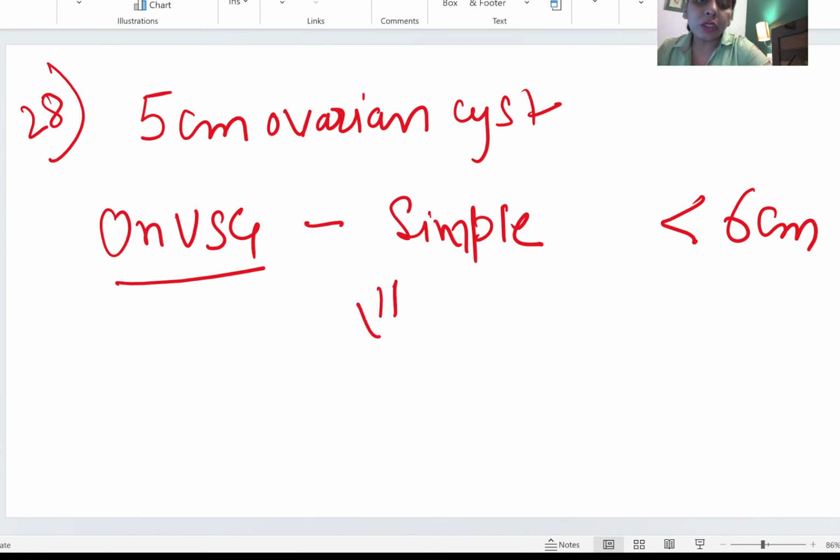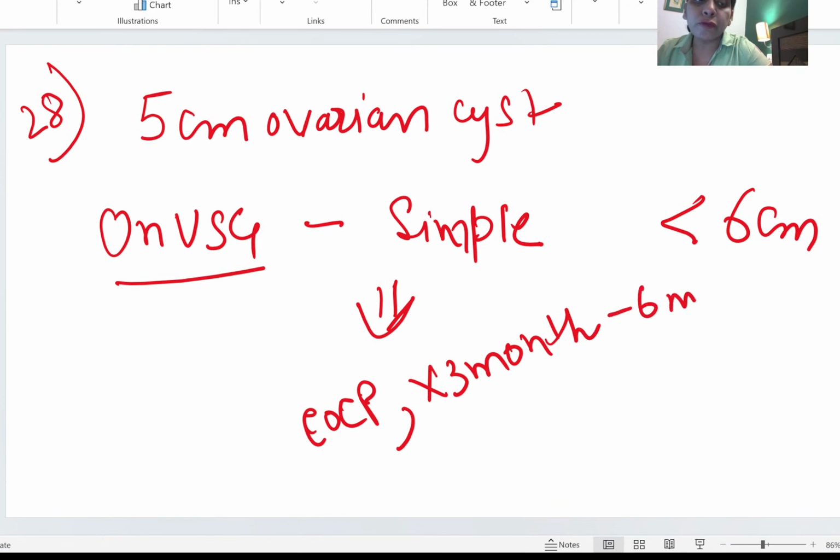So here you have to give combined oral contraceptive pills for 3 months, and 3 to 6 months, and you have to follow up the patient, because cysts with hormonal derangement don't go beyond 6 centimeter. Okay, so here we are not going to excise the cyst.